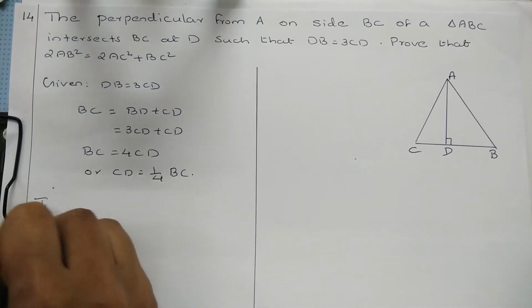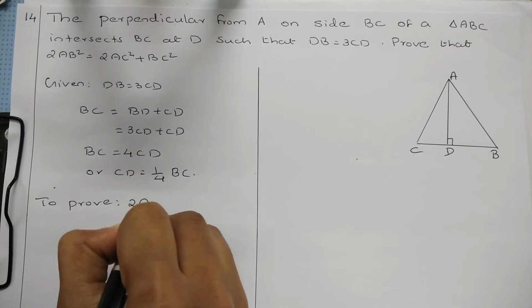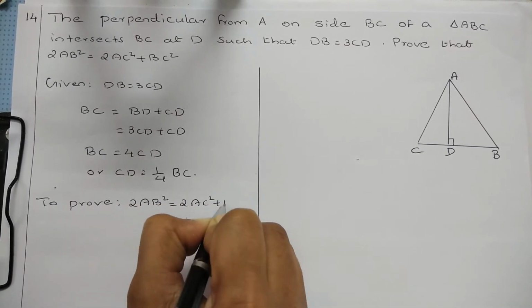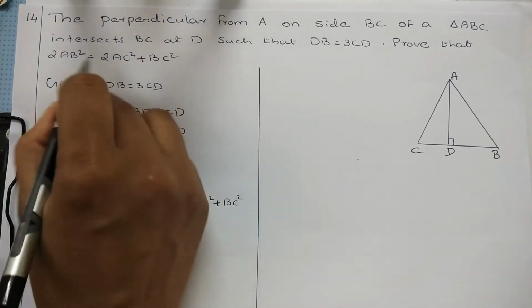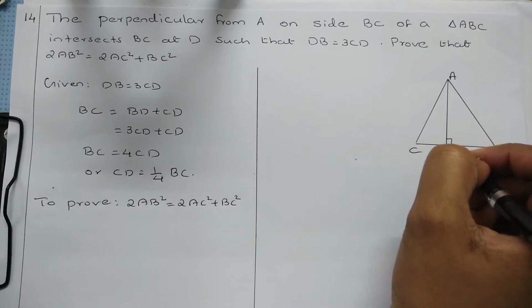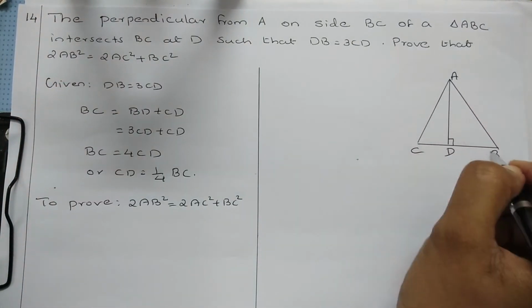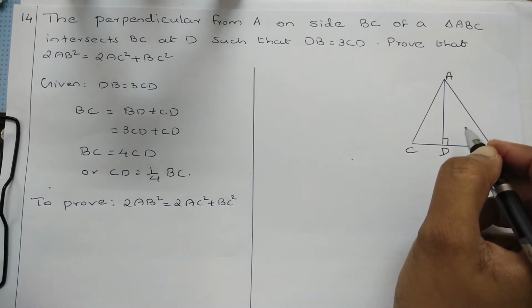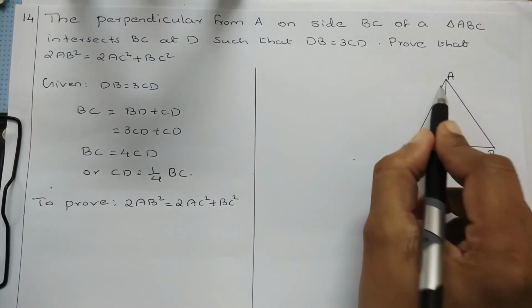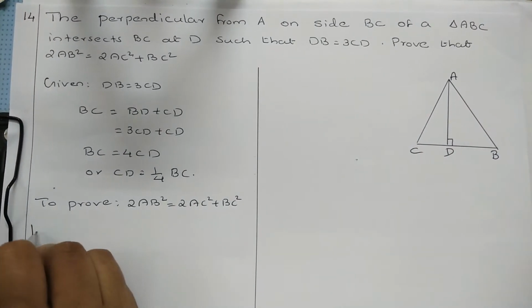Now to prove, what we need to prove here? We need to prove 2AB square is equal to 2AC square plus BC square. Already they have given the perpendicular from A on D, so AD is perpendicular. We need to get AB square, so I am applying Pythagoras theorem on triangle ADB.